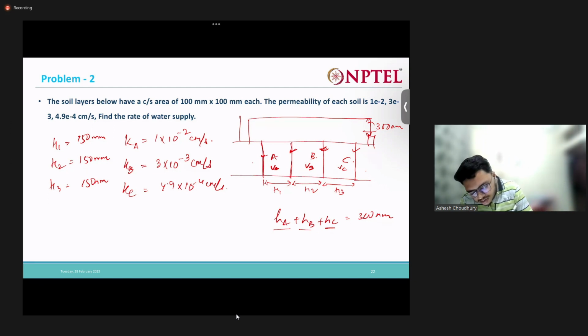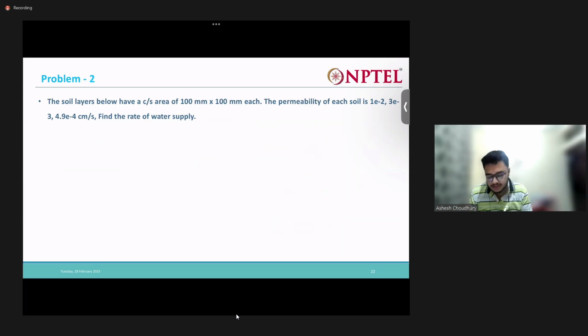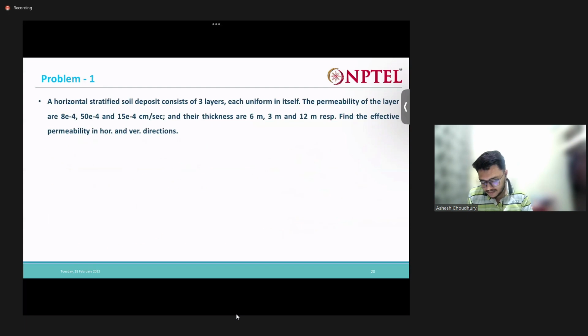So at each cross section, the velocity of flow should be the same in each of the soil layers. This actually looks like horizontal flow, but it is the case of vertical flow. So let us go back to the vertical flow once.